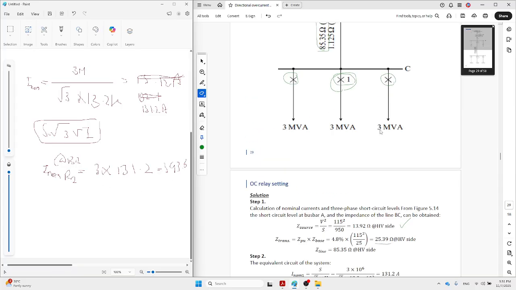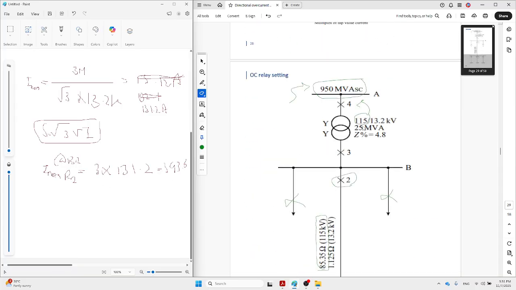And then for the nominal current for relay number 3, since the transformer is there, we must consider the transformer ratio to calculate the nominal current of the transformer.